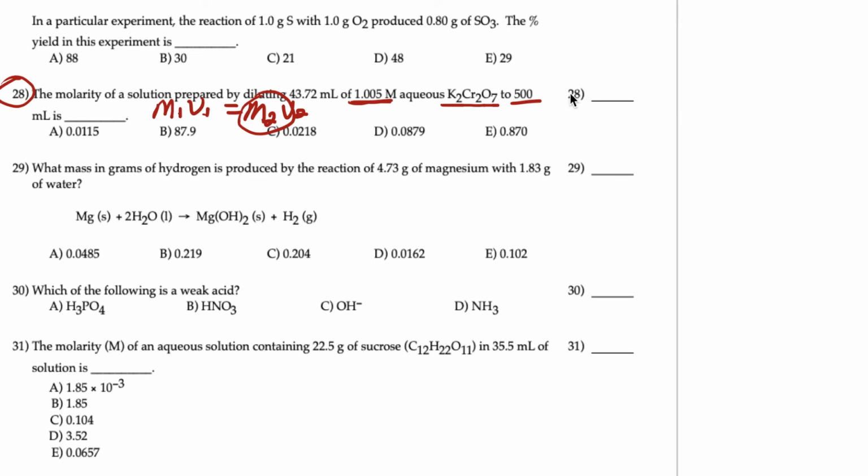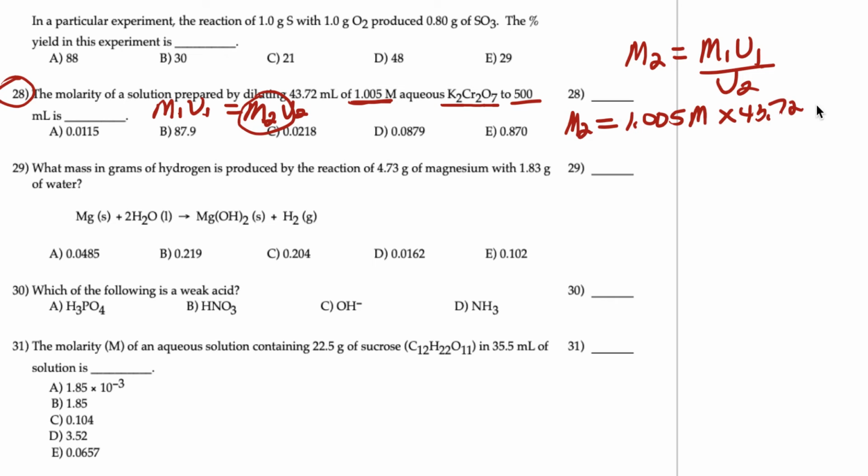So I'll go ahead and solve this for M2. So M2 is M1 V1 over V2. So it's going to be 1.005 molar times 43.72 milliliters, all divided by 500 milliliters. Milliliters cancel out. We're left in molarity.